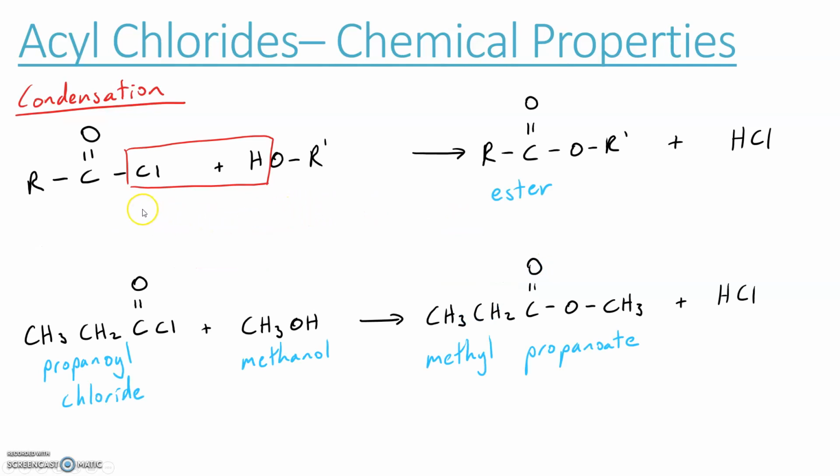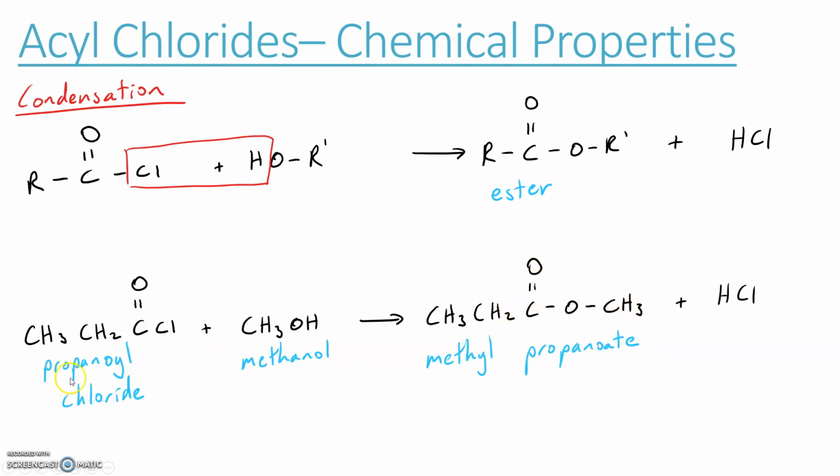Condensation: if we react an acid chloride with an alcohol, we get an ester. The oxygen from the alcohol bonds with the carbon from the acid chloride, and we end up with an ester. For example, if we took propanoyl chloride and methanol, we end up getting methyl propanoate. Whatever this acid chloride is forms the carboxylate section of the ester.